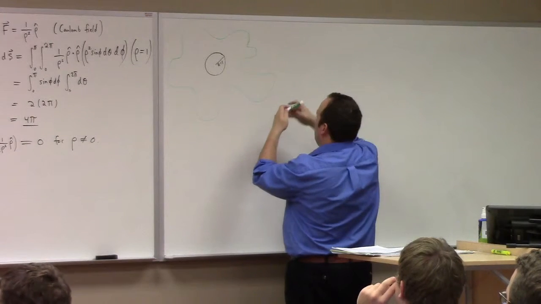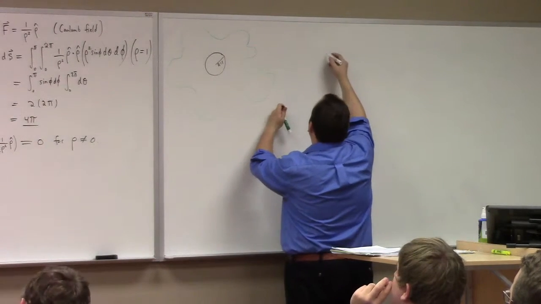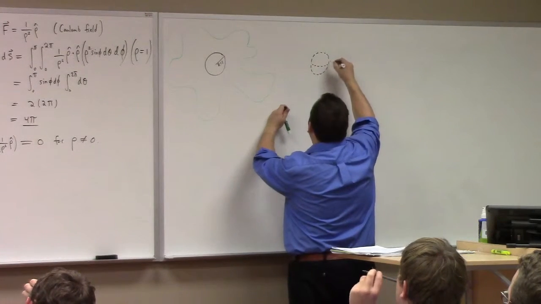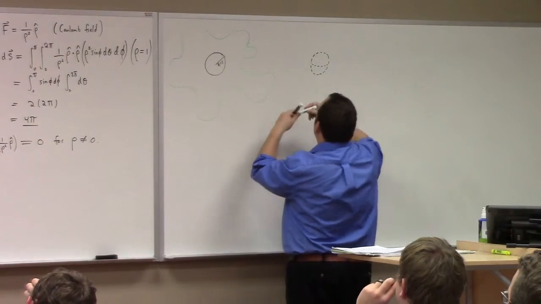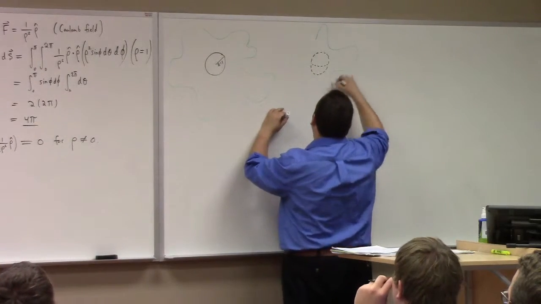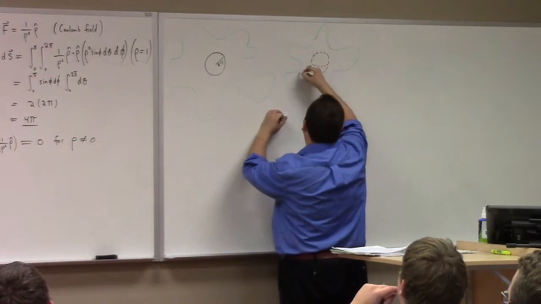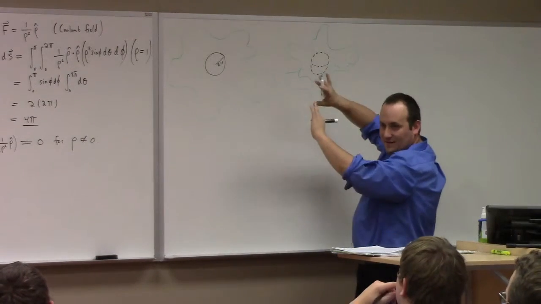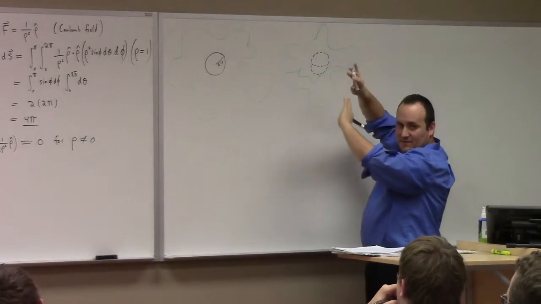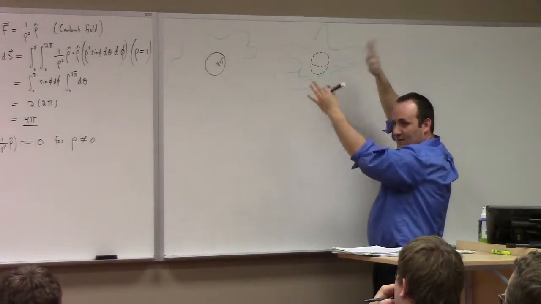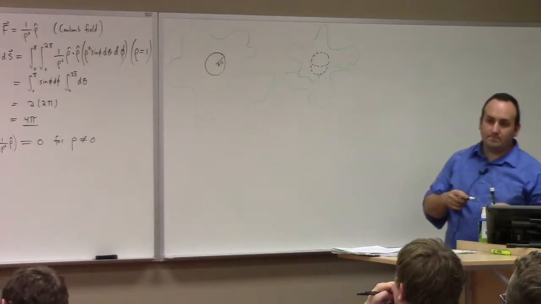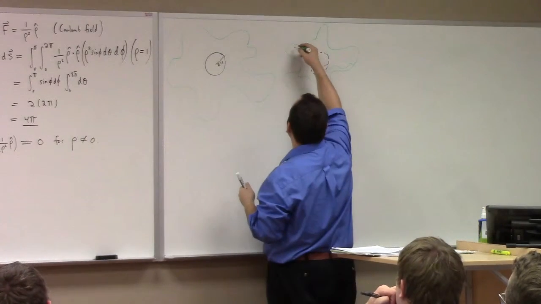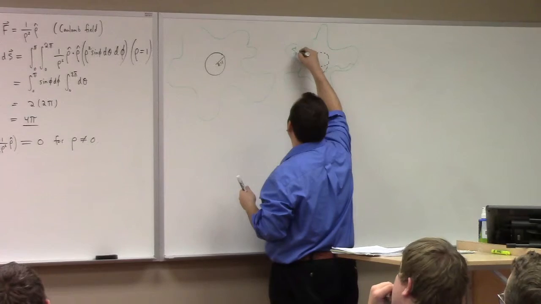The real picture is you've got the inner sphere, and then imagine a mess of jello with a smooth edge that's surrounding this sphere. What's the flux through the green? I'll call this S2.